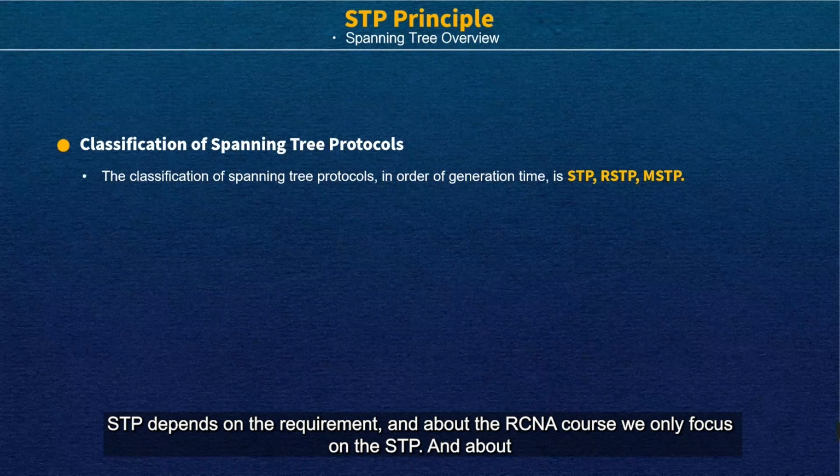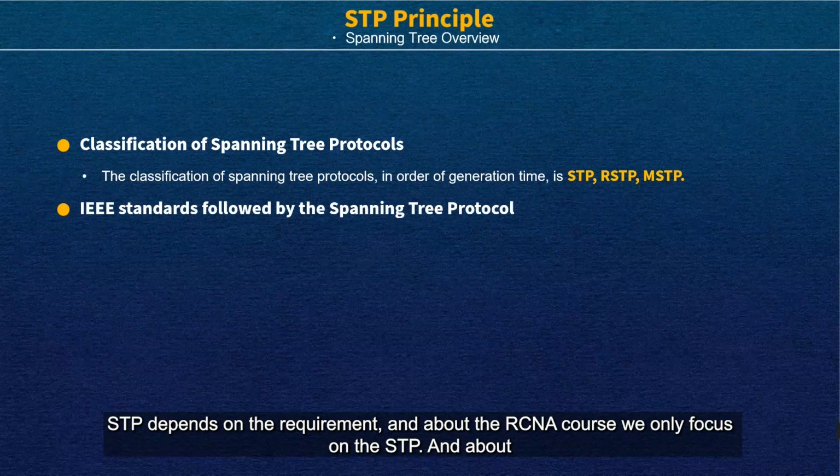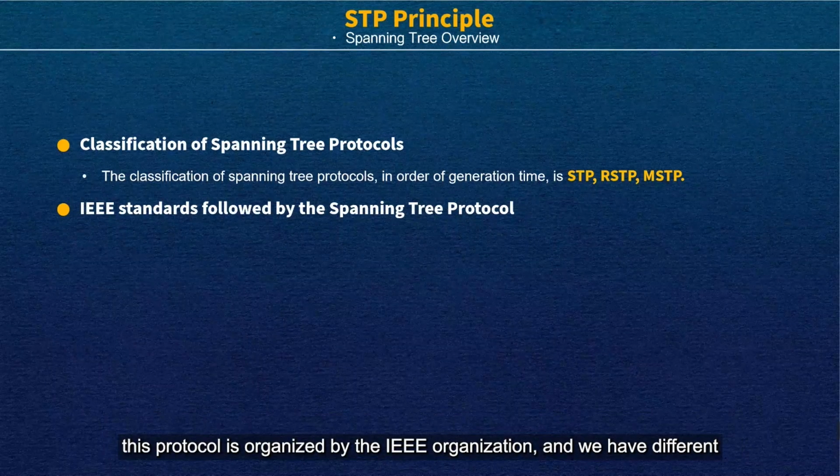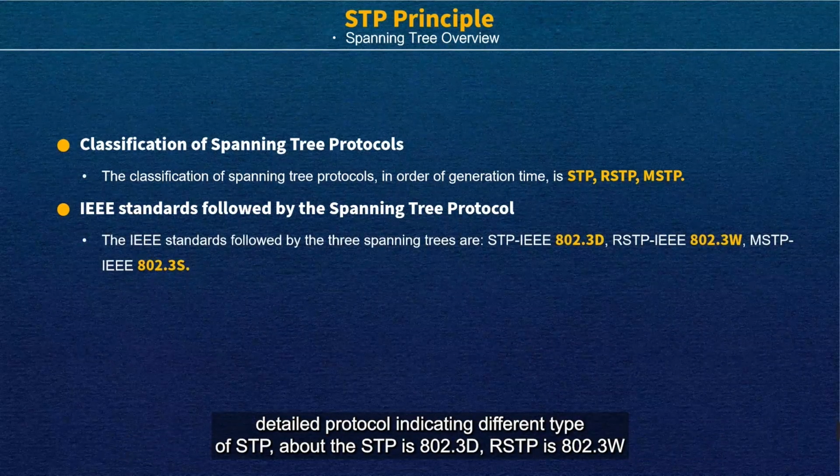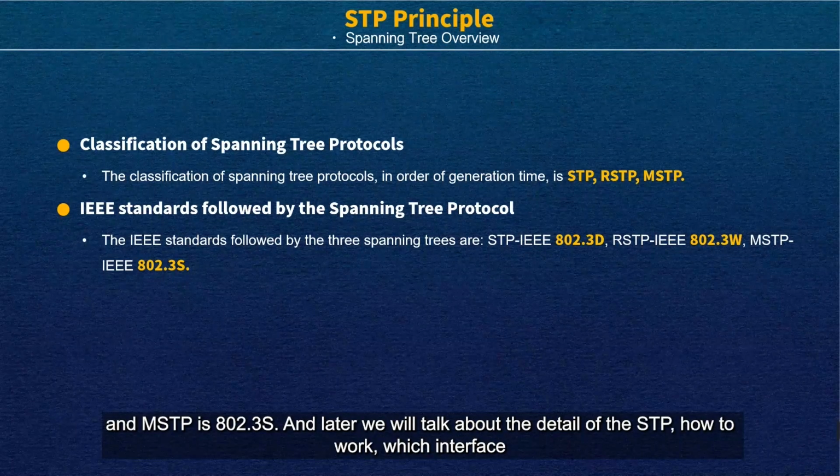And for the RCNA course, we only focus on STP. This protocol is organized by the IEEE organization, and we have different detailed protocols indicating different types of STP. STP is IEEE 802.1D, RSTP is 802.1W, and MSTP is 802.1S.